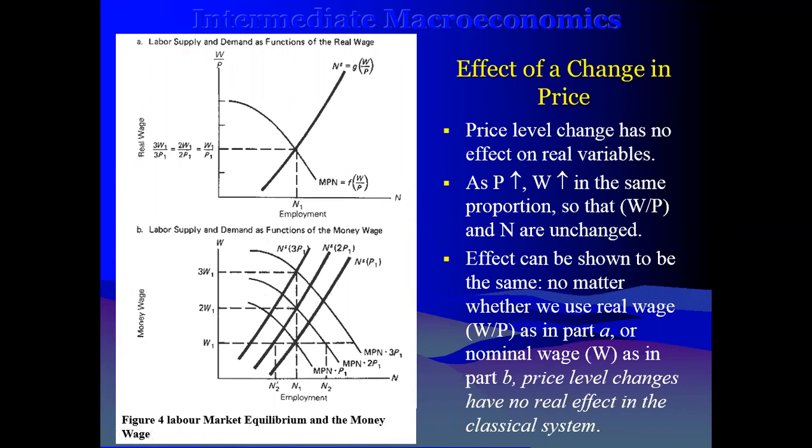NS at P1 and ND at P1: this is the initial labor demand curve, and this one is the initial labor supply curve. Just know that they are all dependent on the nominal wage.